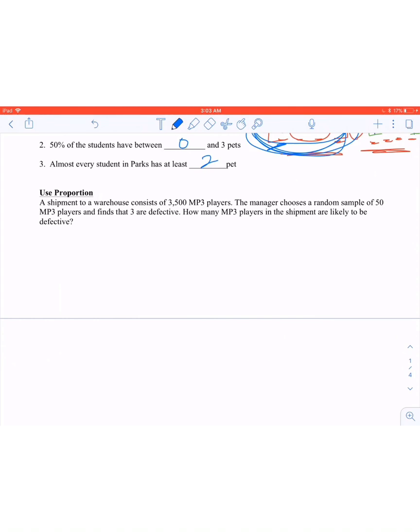Instead of checking every single one, they selected 50 and found that 3 were broken. So here's my ratio. If that's the case, then out of 3,500, how many will be defective? I'm going to solve for x.